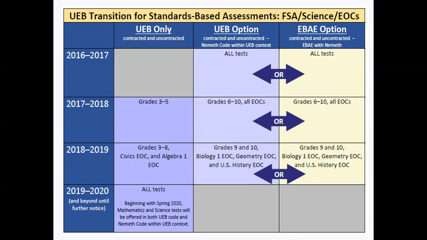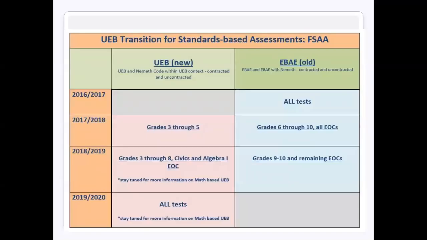Okay. Now, this has not changed. For the alternate assessment, the Florida Standards Alternate Assessment, it was already too late to try to make any changes for this year. It will be only UEB, and it'll be UEB with Nemeth. There is no option this year for UEB technical with no Nemeth. We're working with the department and looking into this and figuring it out.